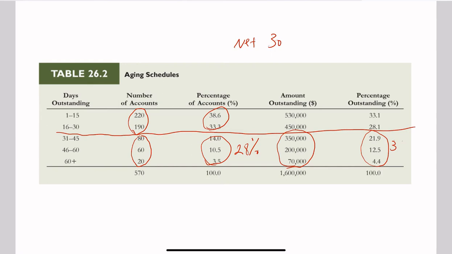I guess it's 39%, right? So it's about 39%. You can see that the percentage of accounts which are late is actually relatively small, only 28%. But their amounts are actually quite large, right? 39% of the total amount is actually late.